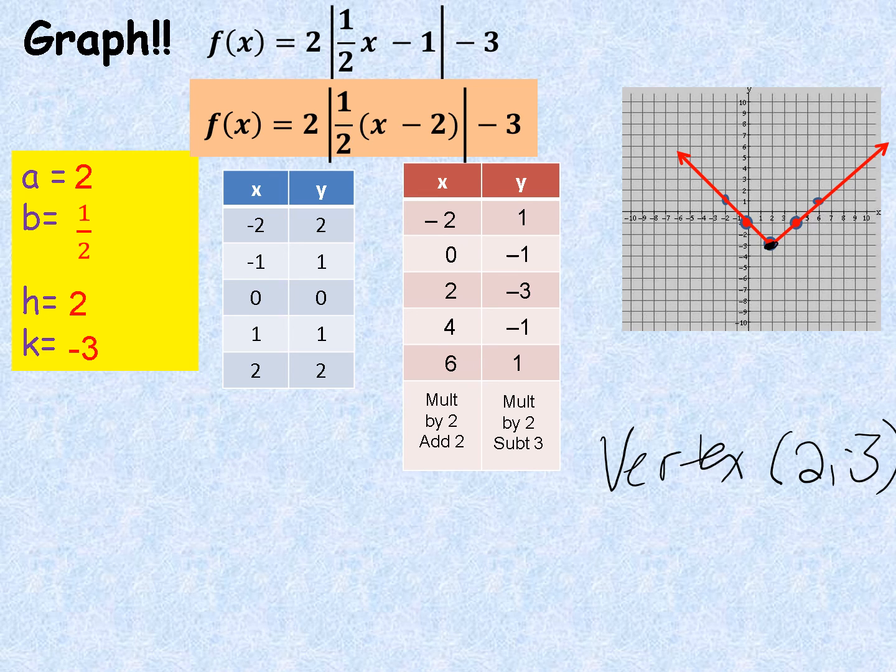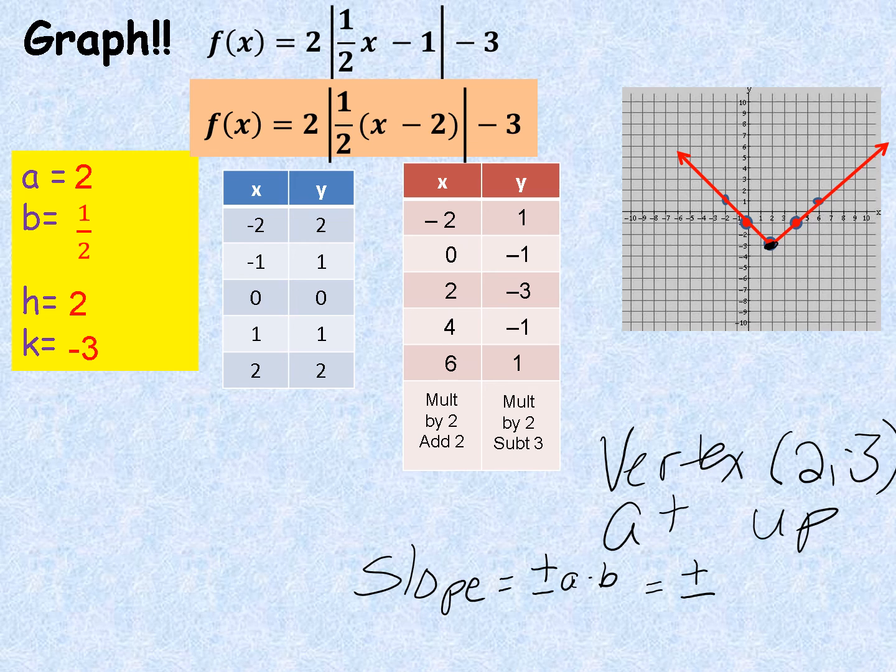I know that a is positive, so it's going to open up. And then I know that my slope is plus or minus a times b. Well, my a value is 2, my b value is 1/2, so that's really plus or minus 1.